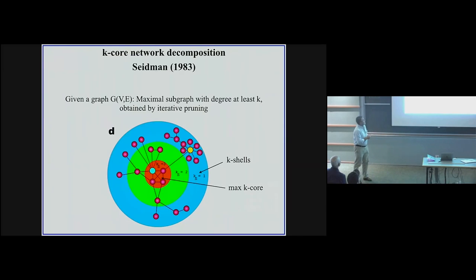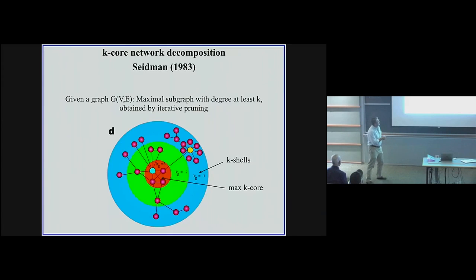So the K-core is defined based on actually social networks, was the first place it came in back in the 1980s. The max K-core is the maximal subgraph with degree at least K. You obtain the core structure and the shell structure by an iterative pruning.